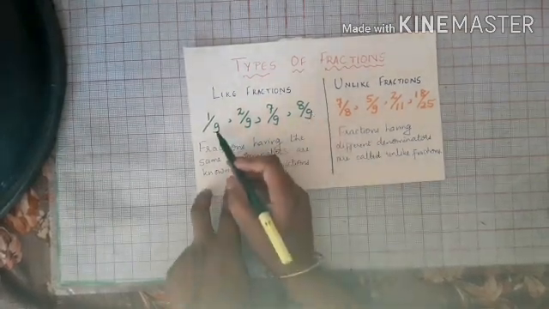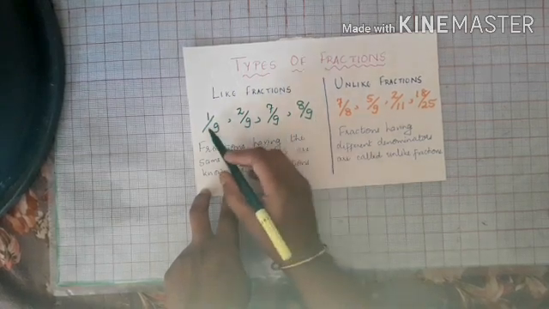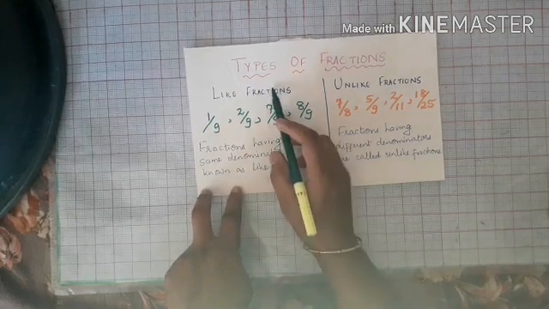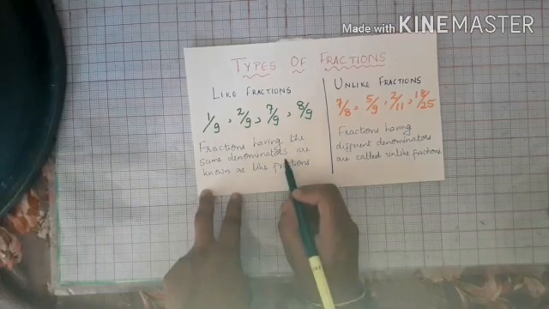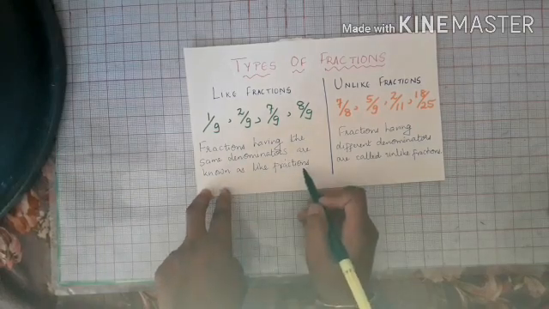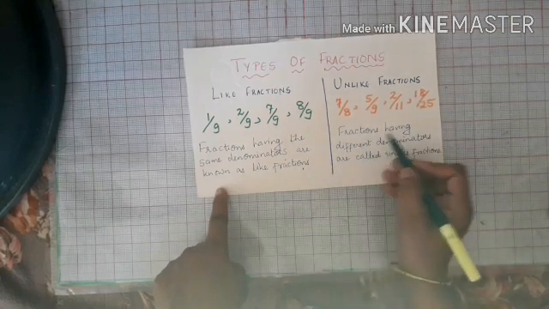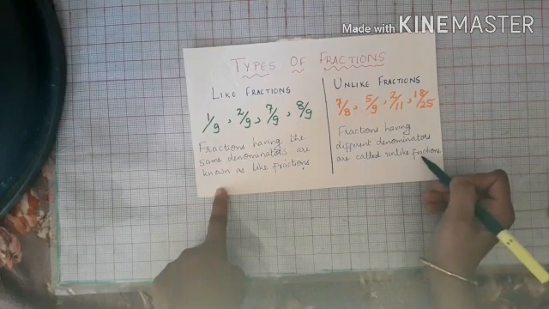Here you can see all the numbers written in the denominator are the same and the numerators are different. These are like fractions. It means fractions having the same denominators are known as like fractions.